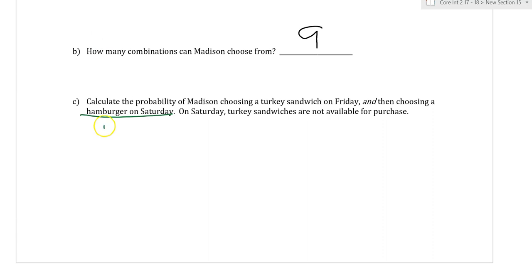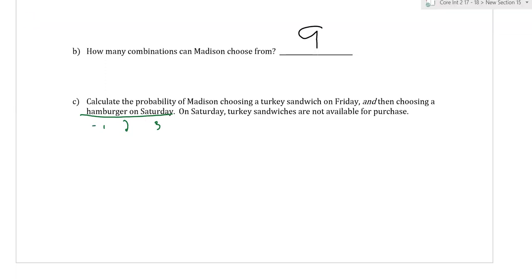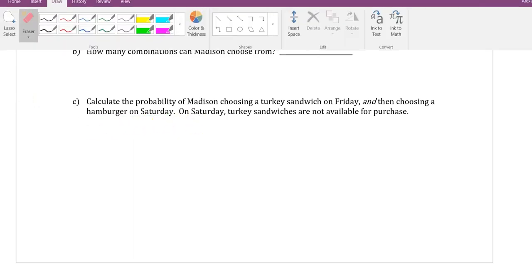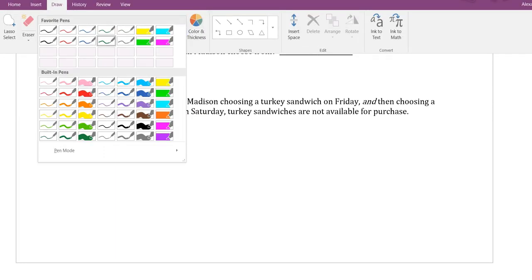Sorry, I forgot. I didn't do the first part of the question. Eraser, please. Sorry about that.